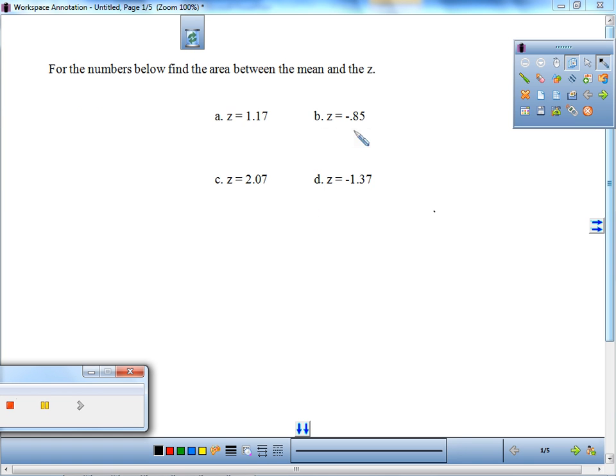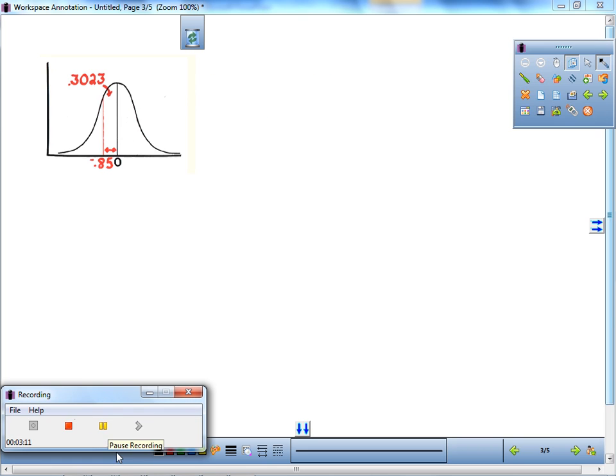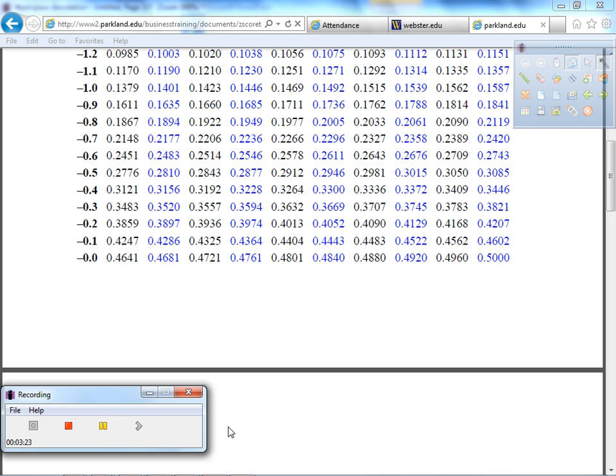Alright, well, let's look at this one. Here we have a negative z-score. So we're going to go through the same process of looking up our z-score and seeing what information it gives us. We're wanting the information from negative 0.85 to 0. So we're wanting this area.